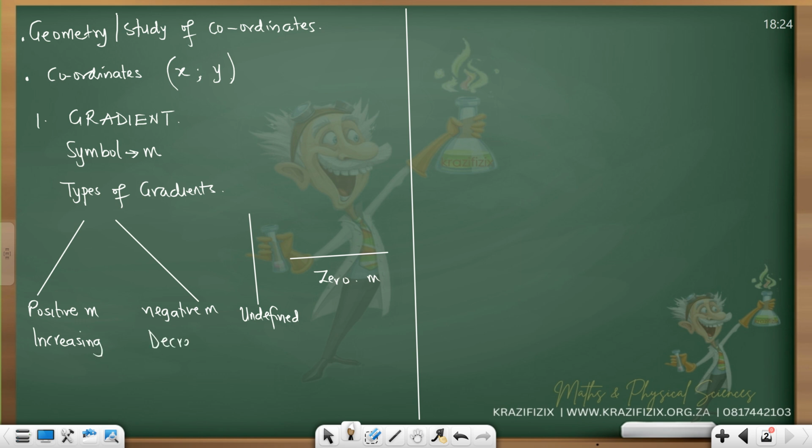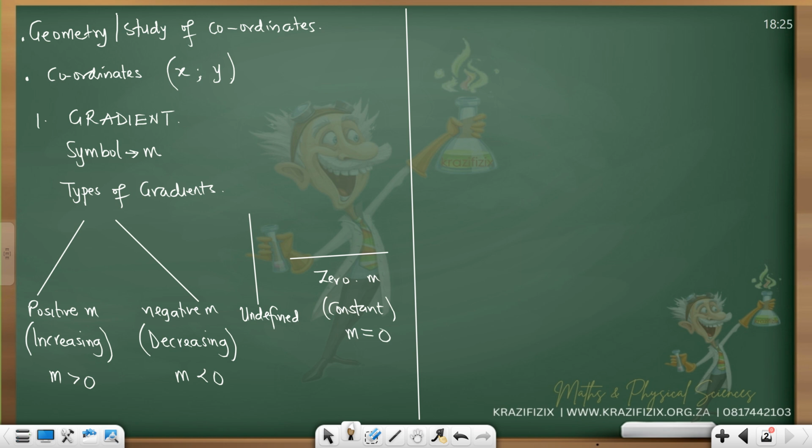Negative is decreasing. Undefined is undefined, and zero is constant gradient. So decreasing, increasing. Here, m is greater than 0. m is less than 0. And m is equal to 0.